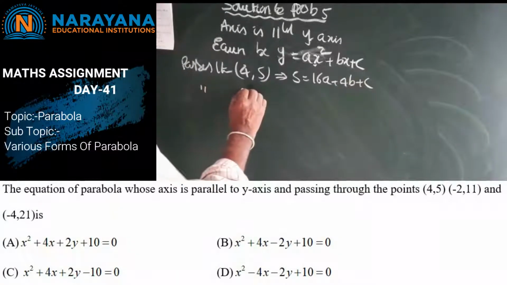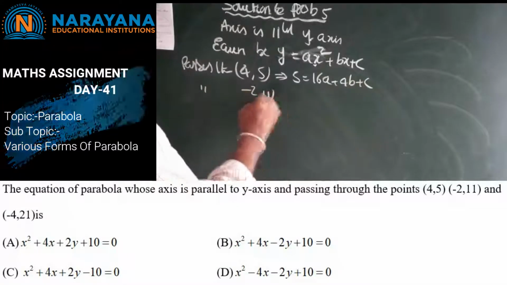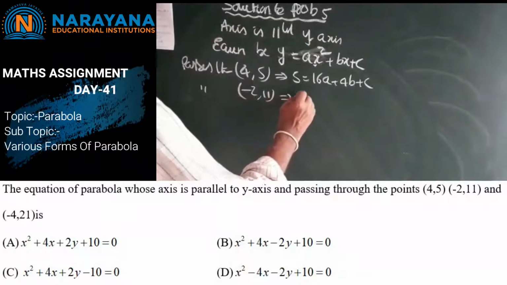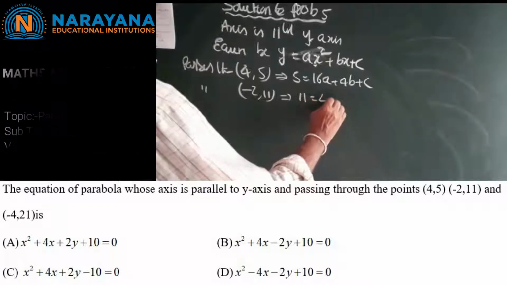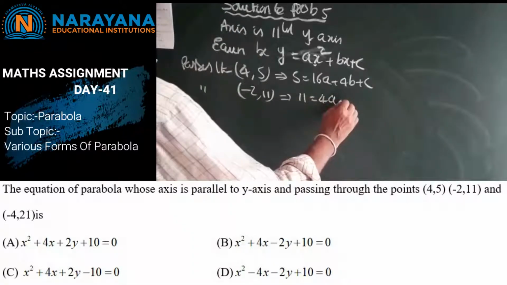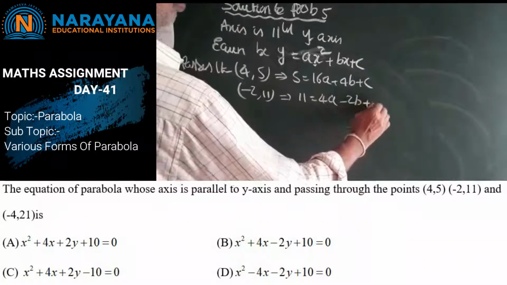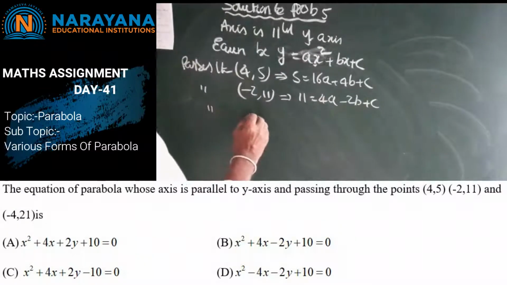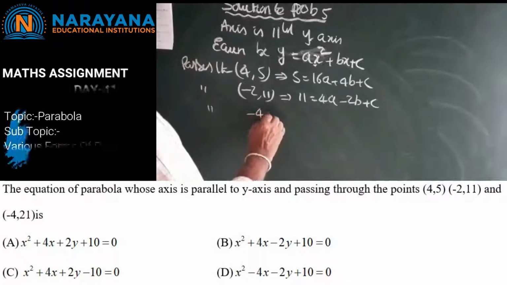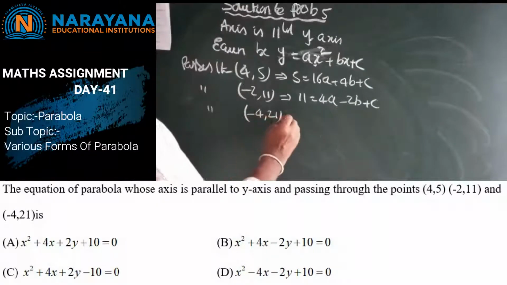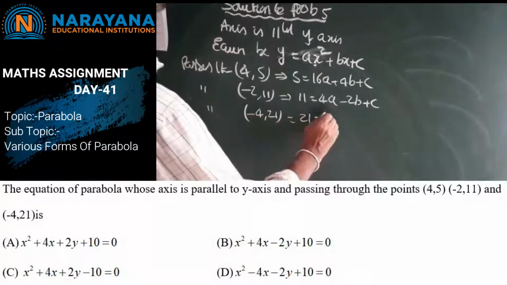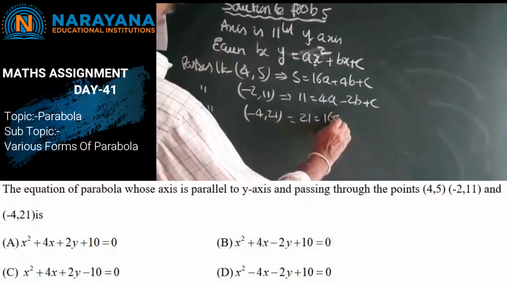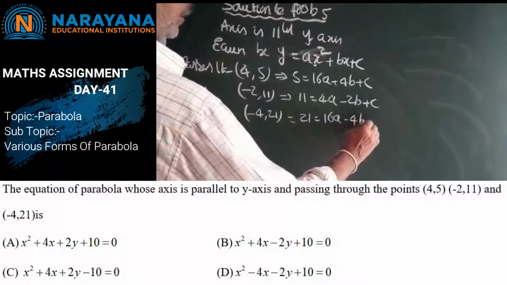Similarly, it passes through the point (-2, 11). So 11 = 4a - 2b + c, and passes through the point (-4, 21). So 21 = 16a - 4b + c.